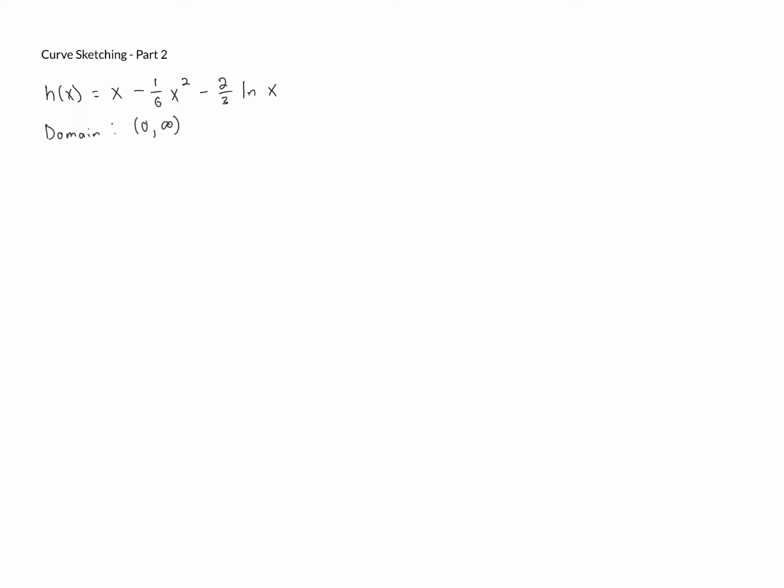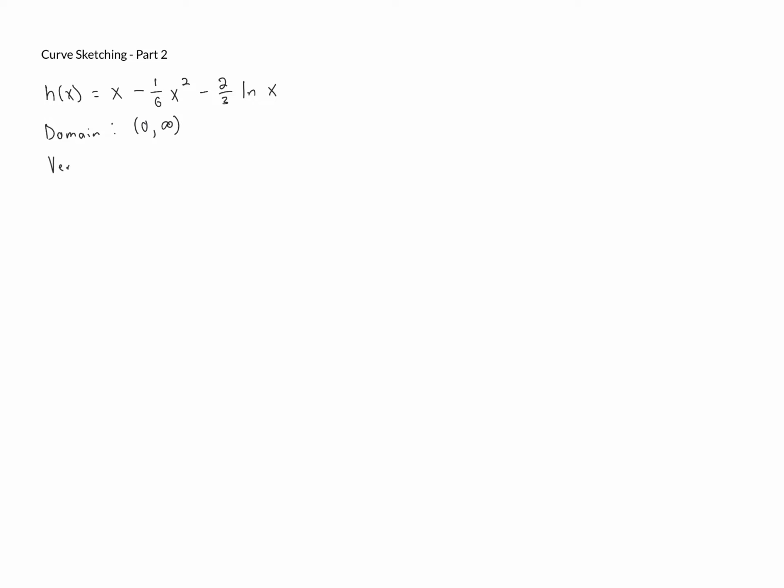Okay, once we have that, we can also recognize that our ln of x is going to have a vertical asymptote at x equals 0. There are two other terms, but those terms basically vanish as we get closer and closer to 0, so they're not going to affect that limit, or that asymptote.